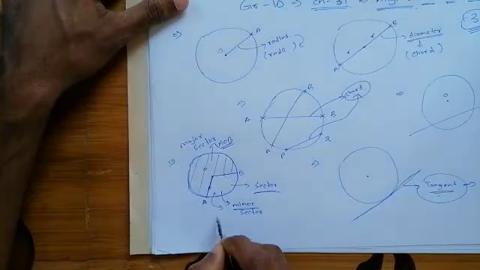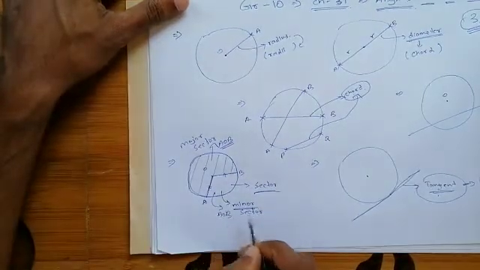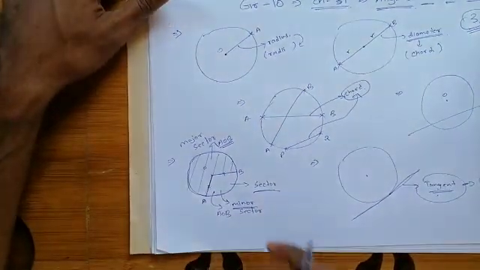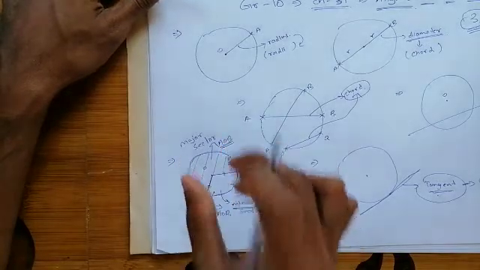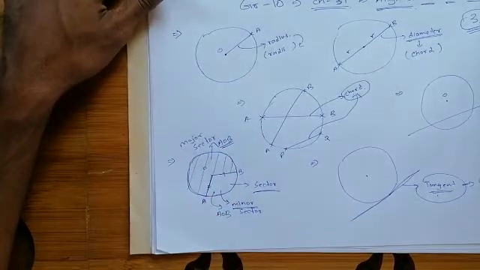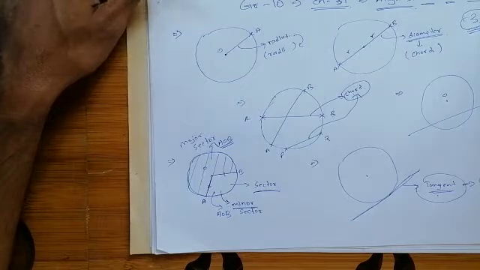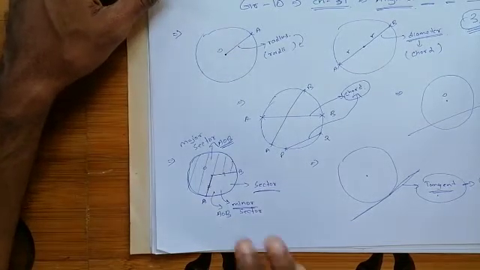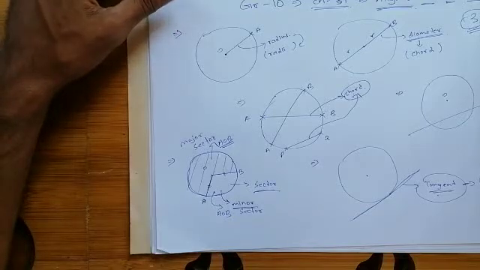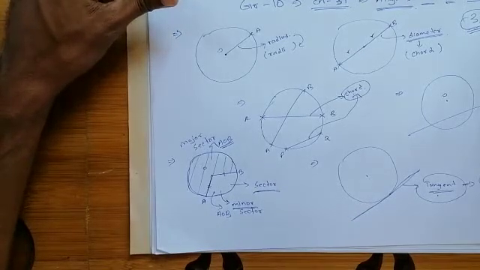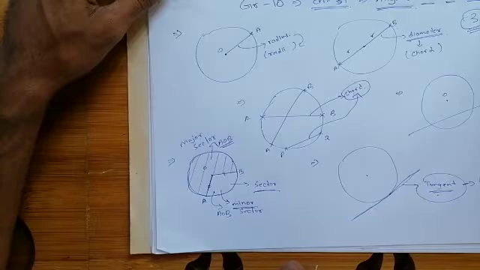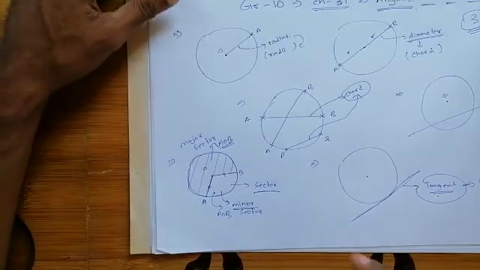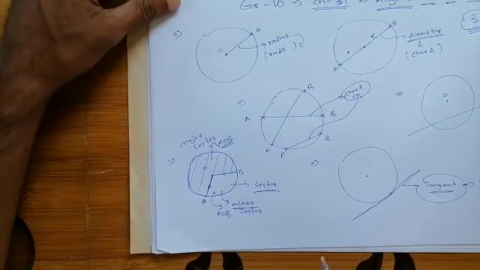The small one is called AOB minor sector. A portion with a boundary of two radii we call a sector, major sector and minor sector. These are the very basic components you need to know before you go on to study angles in a circle.